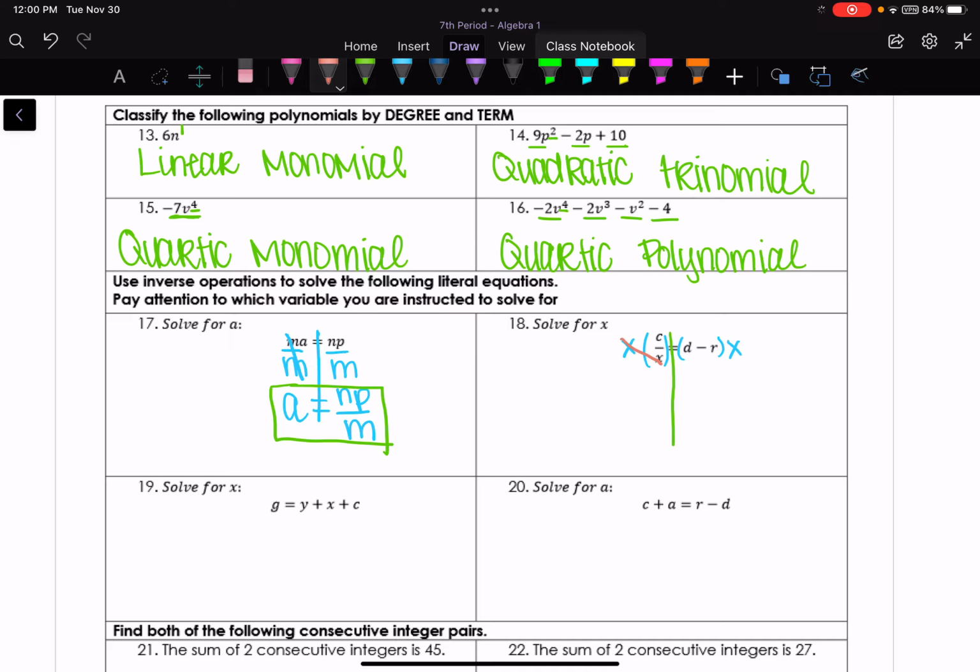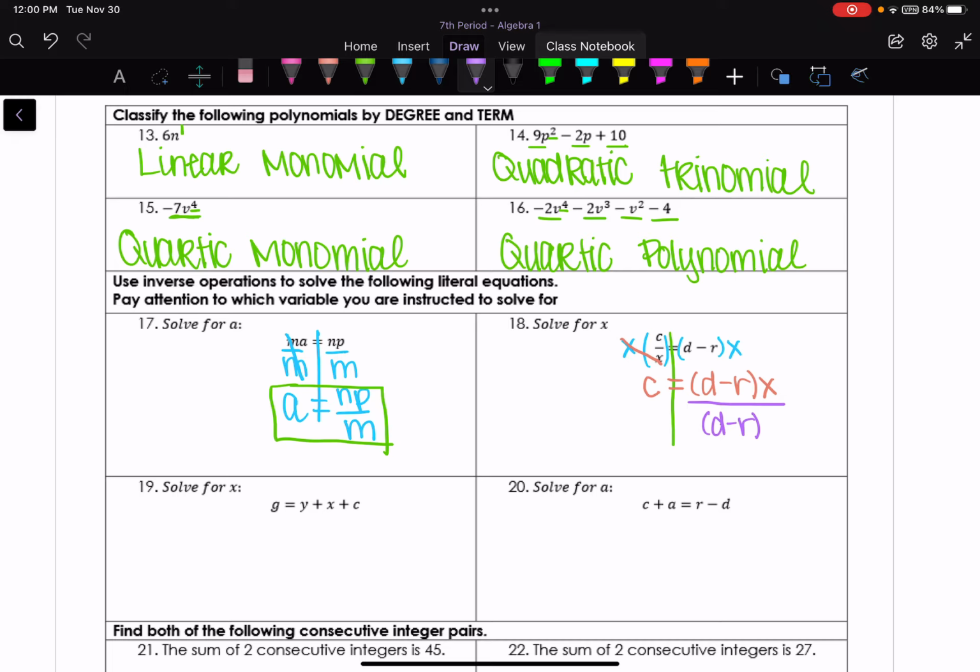So on the left side of my equation, I'm left with c equals, and this is where I'm going to keep it in parentheses, d minus r in parentheses times our x. Now to get x by itself, we can go ahead and divide this entire right side by d minus r.